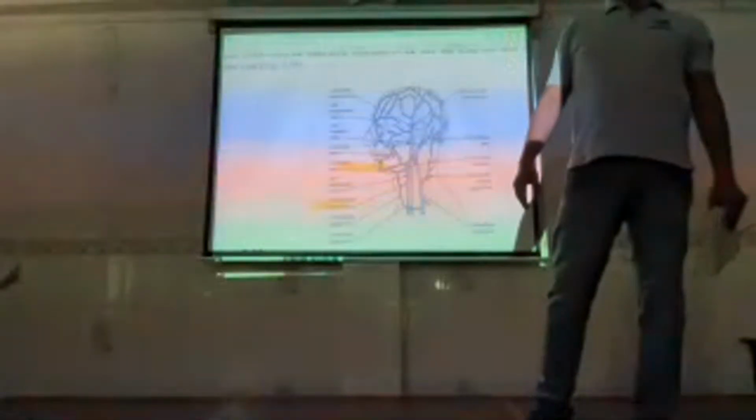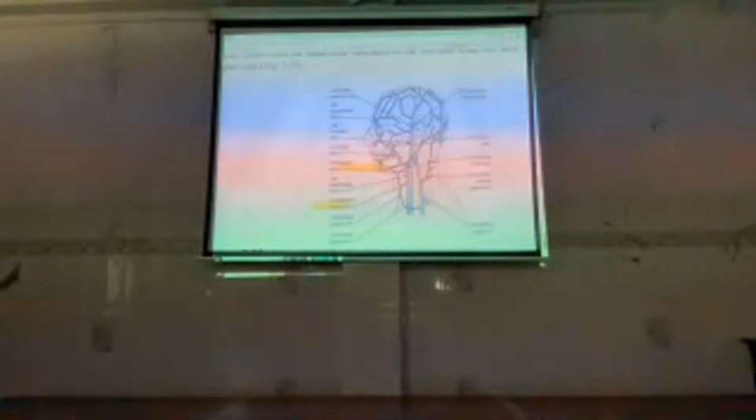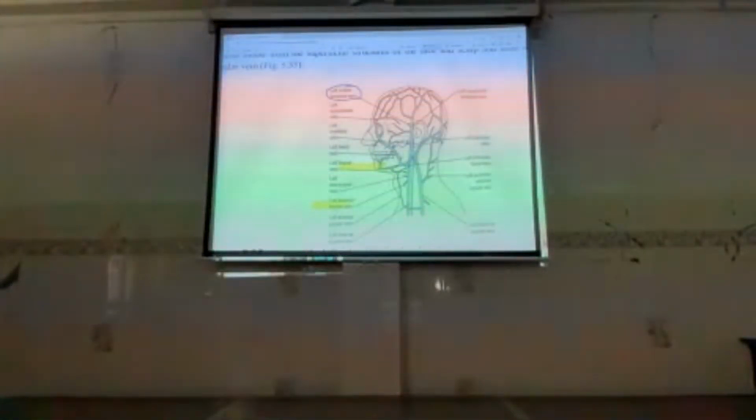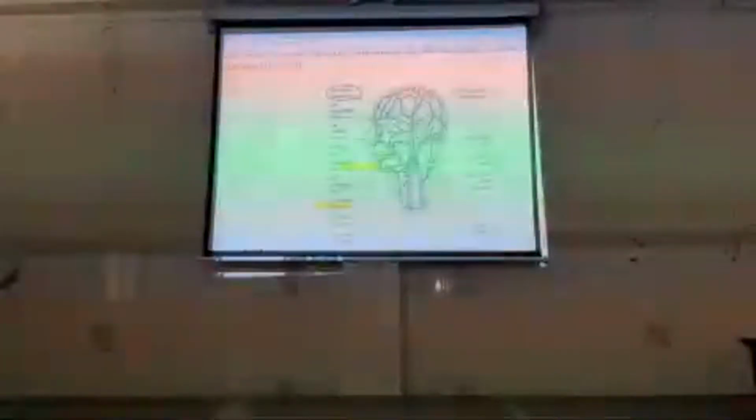Now listen to me clearly. If you see this particular area, this is a left temporal vein. This is also a left temporal vein, and this is also a left temporal vein.